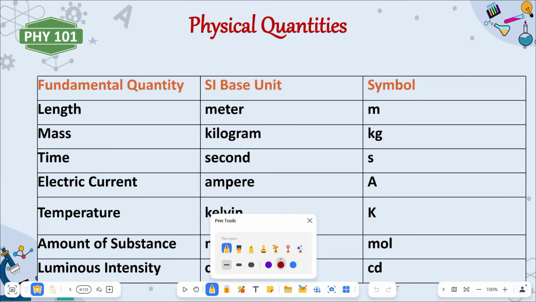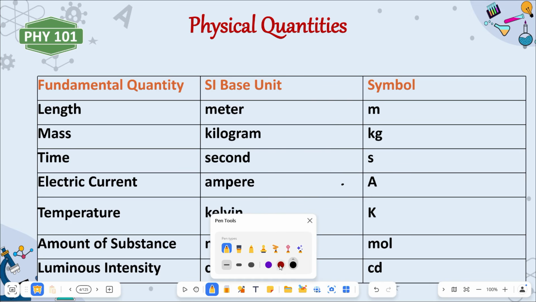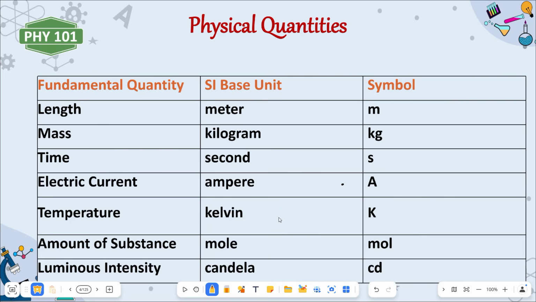Now, with the fundamental quantities, there is something that could be a bit confusing here. There's what we call the basic fundamental quantities. When we say something is basic fundamental, that is a tautology in English, because fundamental and basic are the same. But we just want to distinguish between these three fundamental quantities and every other one.